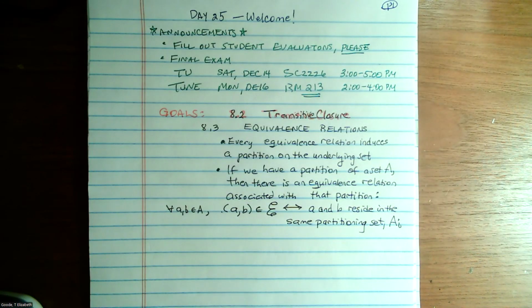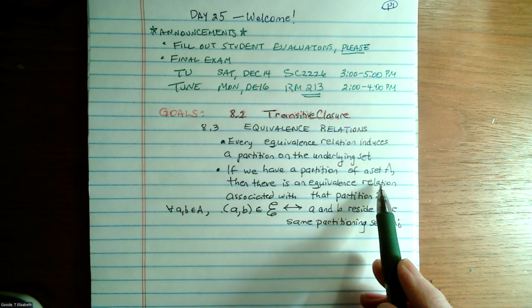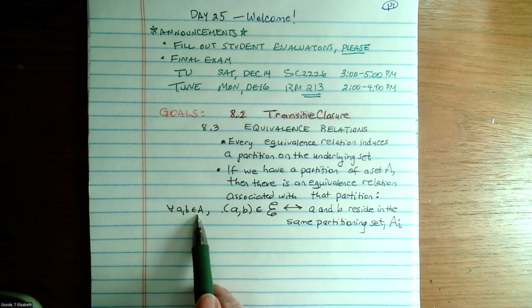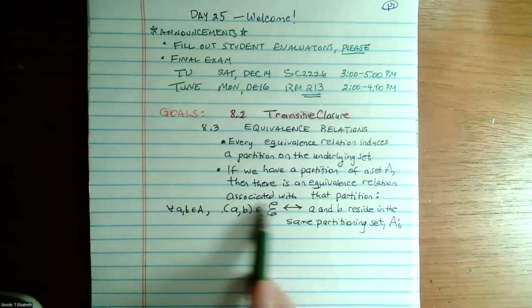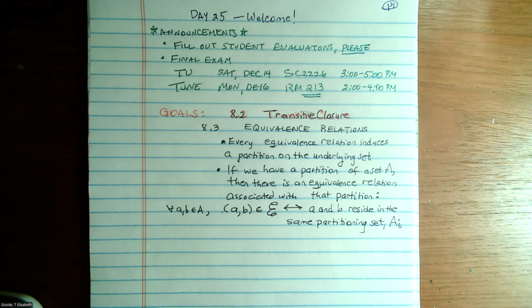There are really 2 important things to understand about an equivalence relation on an underlying set A. Every equivalence relation induces a partition on A. What does that mean? It means there's a way to partition A up where we group together the elements of A that are all related to each other according to the equivalence relation. Conversely, if we have a partition of A, then we can define an equivalence relation where 2 elements a, b in the set A are in the equivalence relation if and only if they're actually in that same partitioning set.